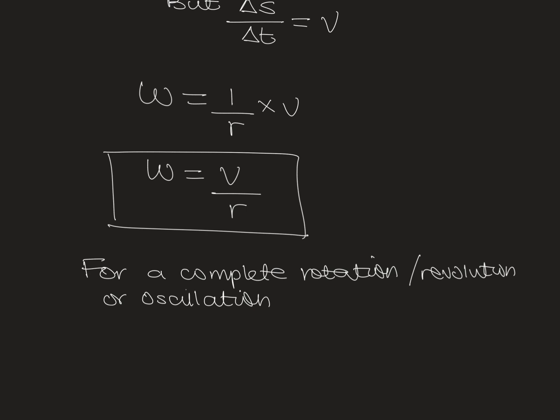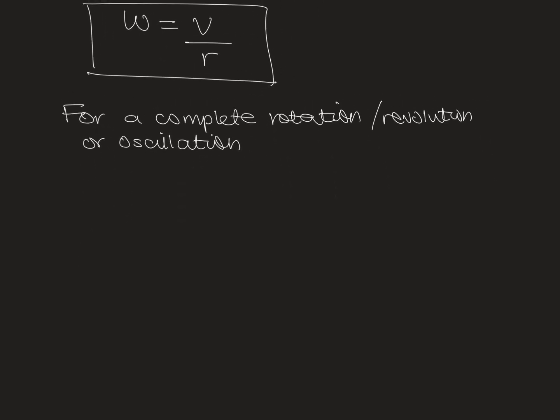Oscillation, we will talk about that more when we are dealing with simple harmonic motion, all right? Remember, when you have a to and fro motion, motion that is repeating itself, that is an oscillation. We'll talk about that.